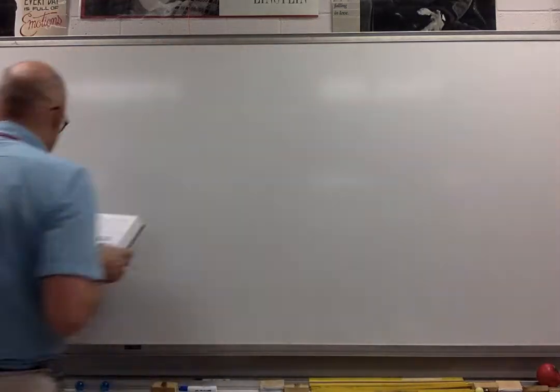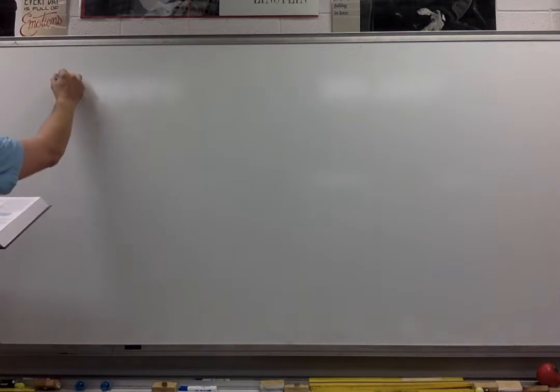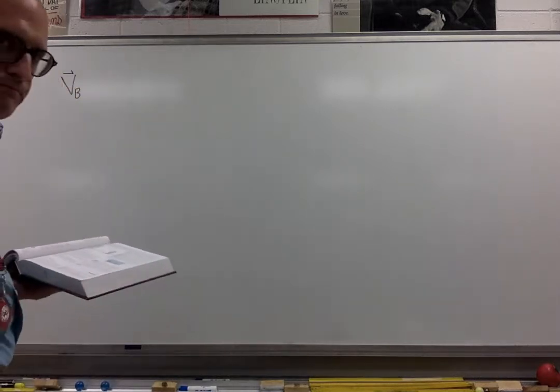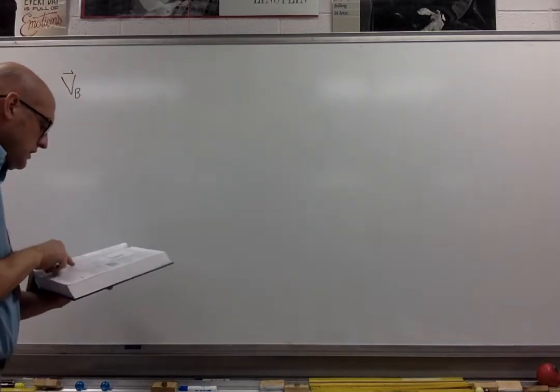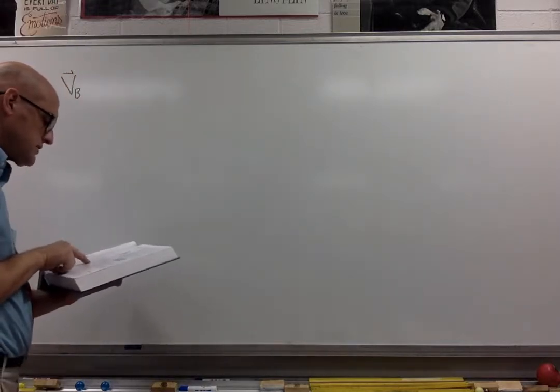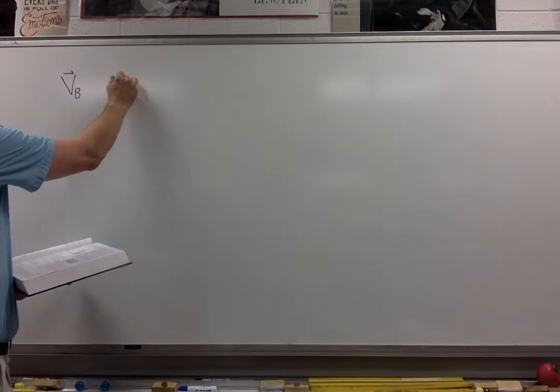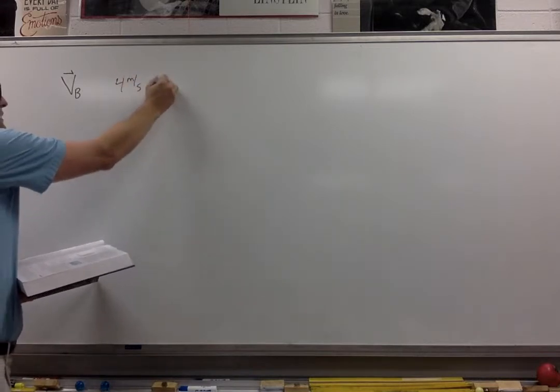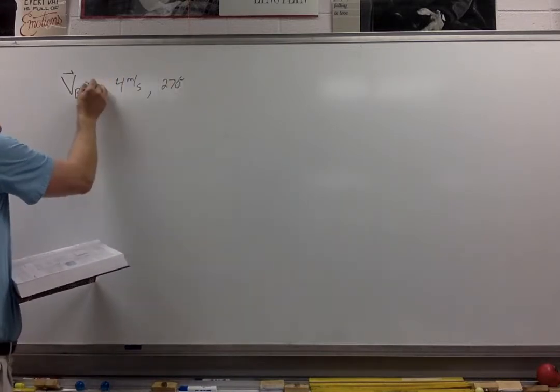Okay, so this is a relative motion problem in 2 dimensions. So let's do Barbara's given information. Barbara is skating due south, so 4 meters per second at 270 degrees.